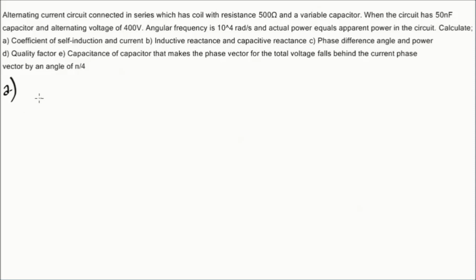So when the circuit is in resonance, we have the formula for the angular velocity: omega r equal 1 over root of L C, and C is given, and A says calculate the L. So if I take the square of both sides, it's going to be omega square equal 1 over LC.